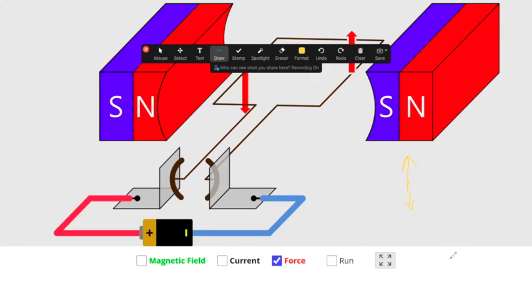Will it be zero or non-zero? Two equal opposite forces acting at the same point, right? Zero, sir. Okay, now I am drawing another one.